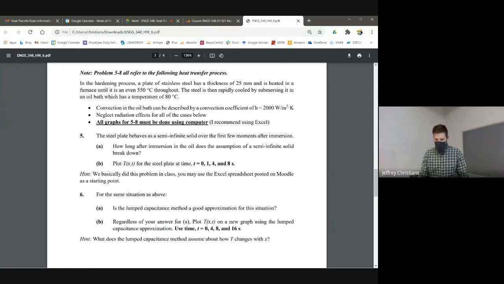It's looking at basically a piece of steel that's cooling down. And what we're going to do in this problem is look at it with all of the different models that we build up and see how they compare, where one is accurate, where one starts to break down, and how the different assumptions that we bake into them actually play out in a problem and compare together.